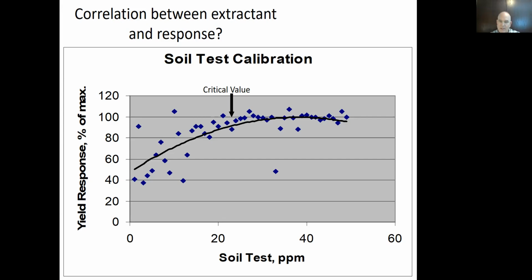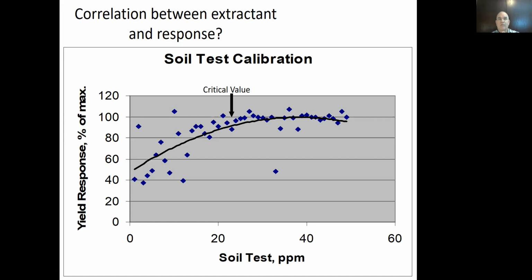And so what I'm looking at is yield response over here on the y-axis, and I've got soil test phosphorus levels on the x-axis, and then each one of these dots is a data point. That's a field study that we've done where we've gone out and measured fertilizer response.